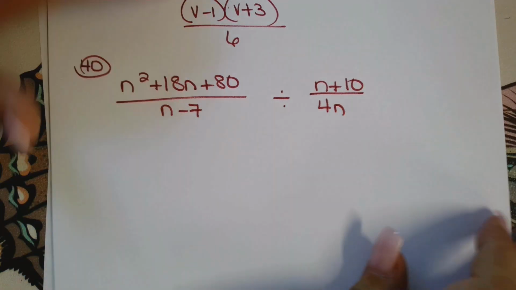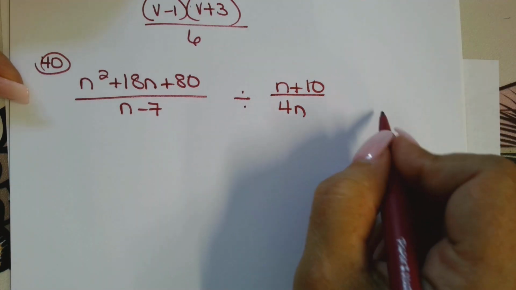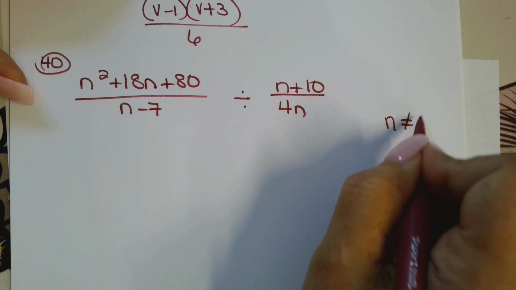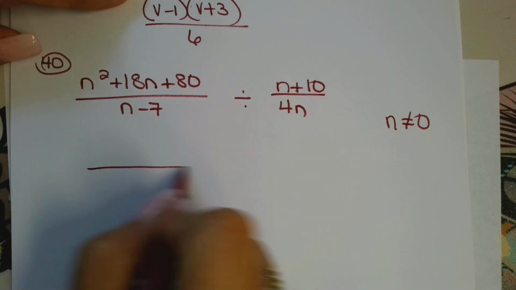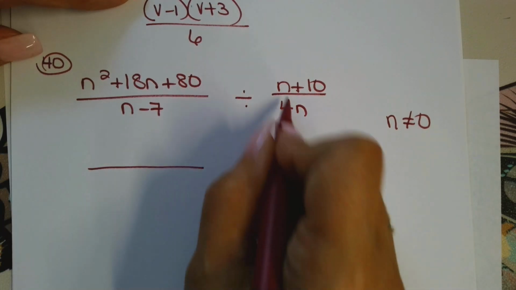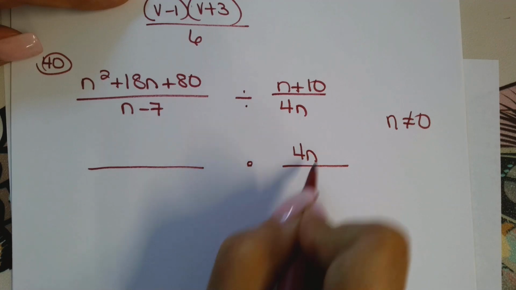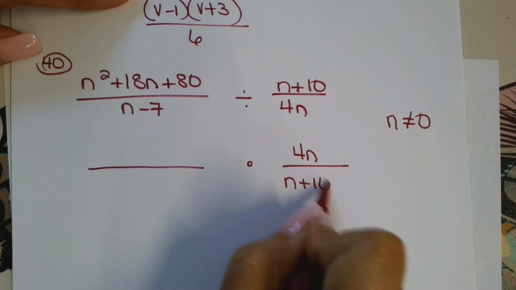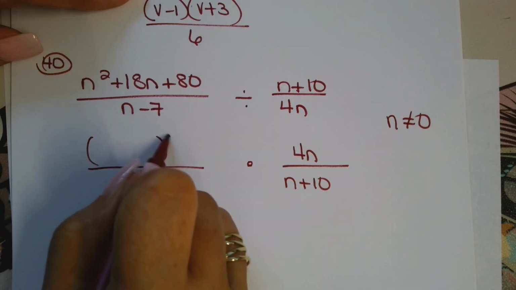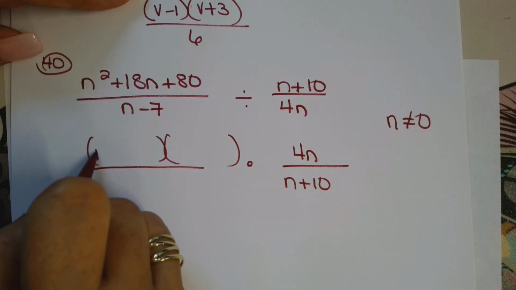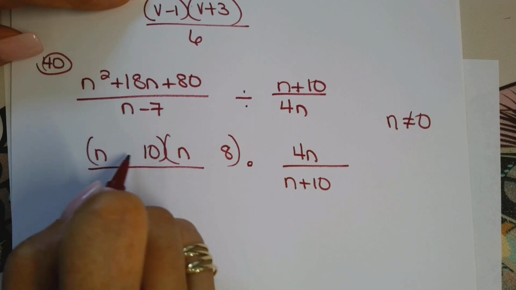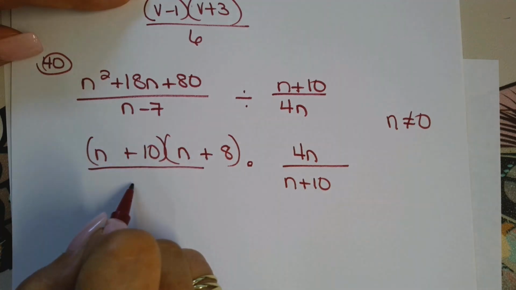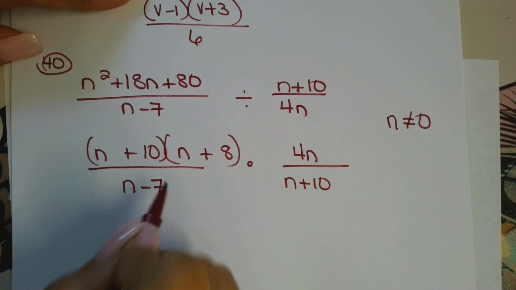So this one we really can see right away that what would make that 0 would be 0. So n cannot be 0. Let's go ahead and factor and then make it multiplication. So I'm going to flip this around, and let's factor here. And we have n and n. We have 8 times 10, plus, and then n minus 7.